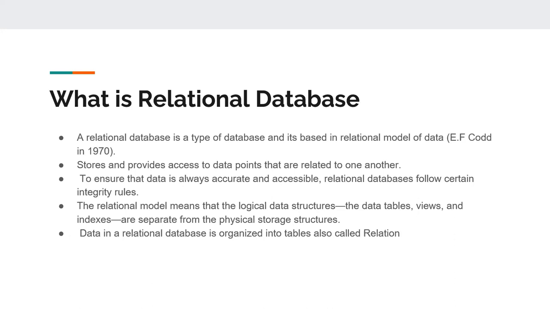It also stores and provides access to data points that are related to one another. To ensure data is always accurate and accessible, a relational database follows certain integrity rules. We will talk about that part.